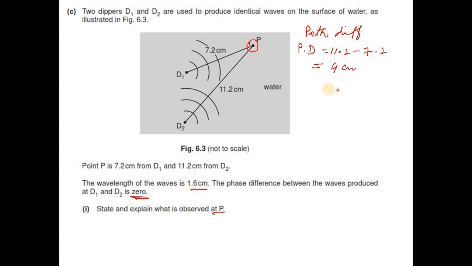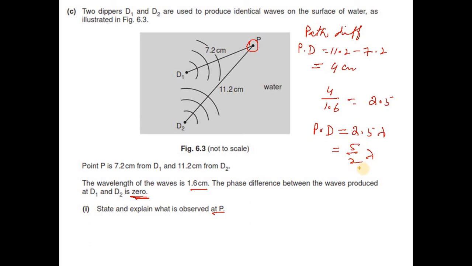That means 4 divided by 1.6, and the answer you will get here is 2.5. That means the path difference is 2.5 lambda, or you can say 5 by 2 lambda, an odd multiple of half of the wavelength.